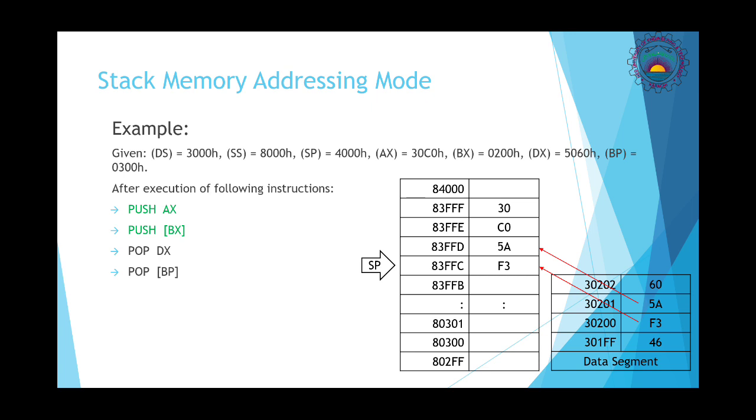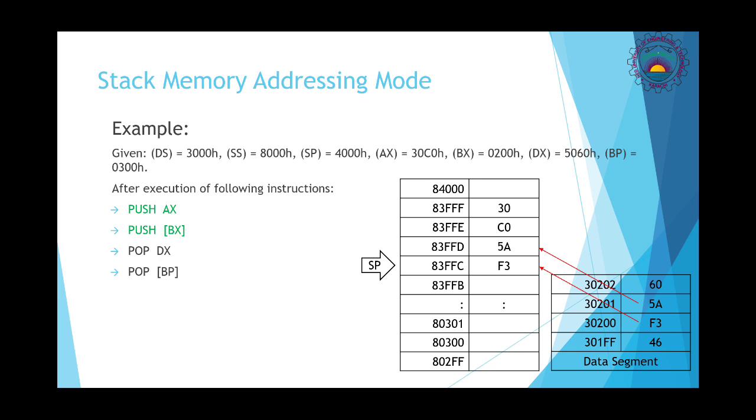Now we have to discuss the second push operation, that is push square bracket BX. Here the operand is a memory word, as we are going to access memory by using BX, so that word is residing within data segment. We have calculated the physical address for the BX register. So the physical address is 30200. At that address a word is stored and that word will be copied on top of the stack.